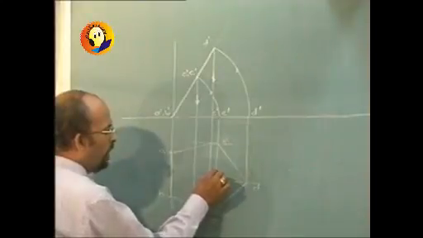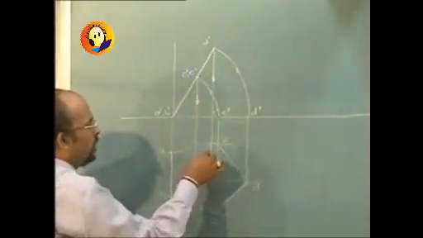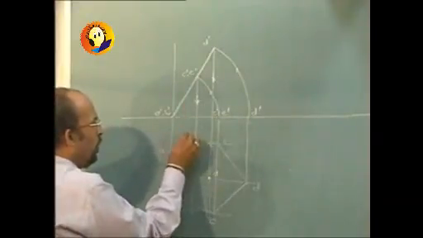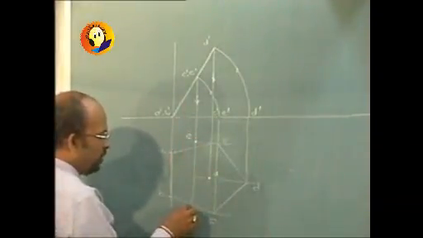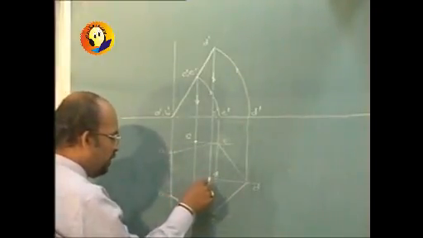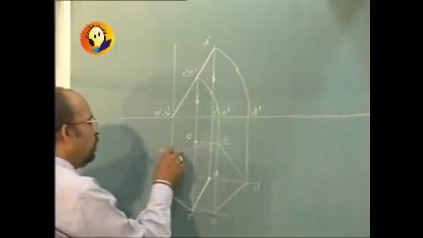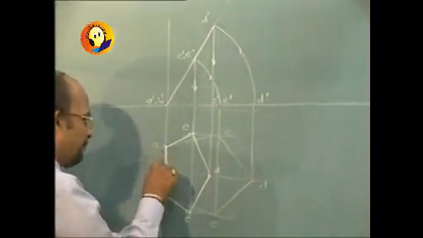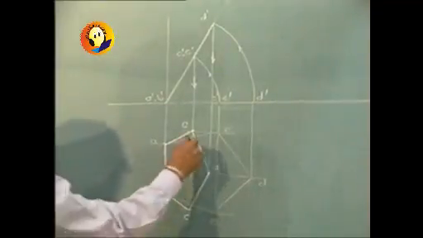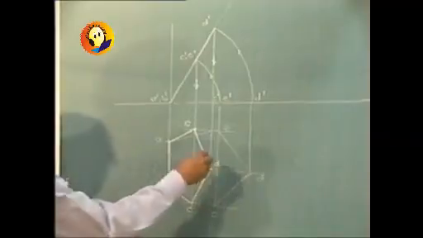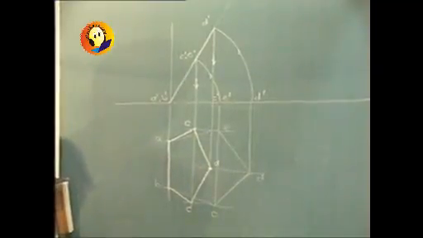So this will be point D, path of D, projector of D. This is path of E, projector of E. This will be point E in the plan, and this is point C. And then we can get the final plan, the shape which will be no longer the regular pentagon as such. Will be having 5 sides, but will not be the regular pentagon. That will complete our first task.